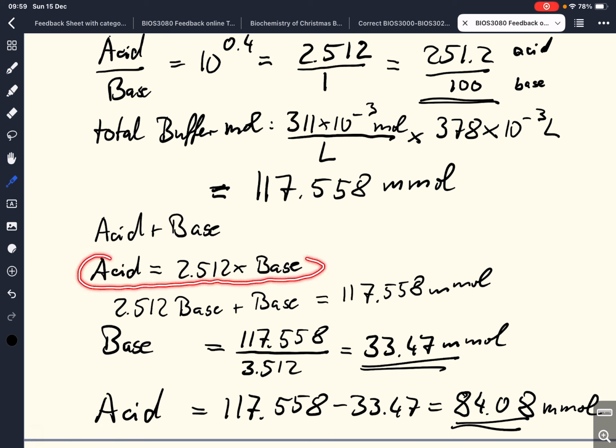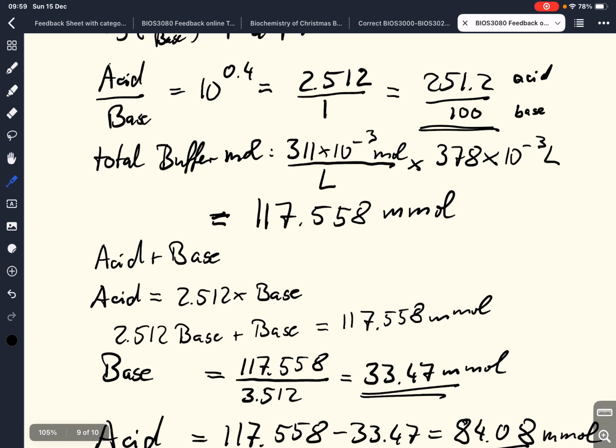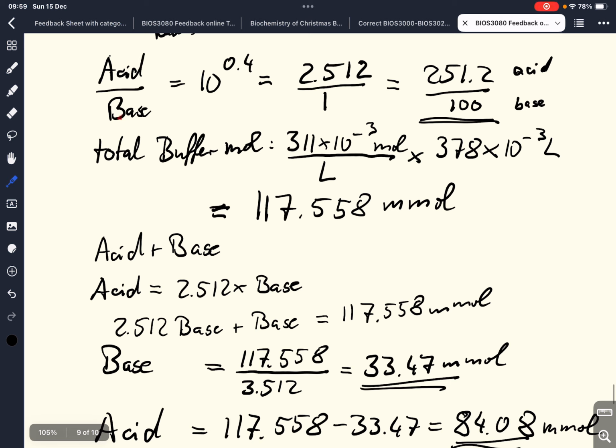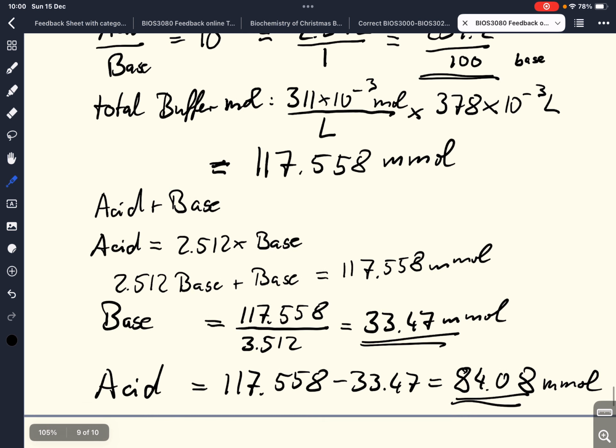We also know that the ratio of acid to base is 2.51 times. So we can very simply rearrange this equation and say that the acid is 2.51 times base.